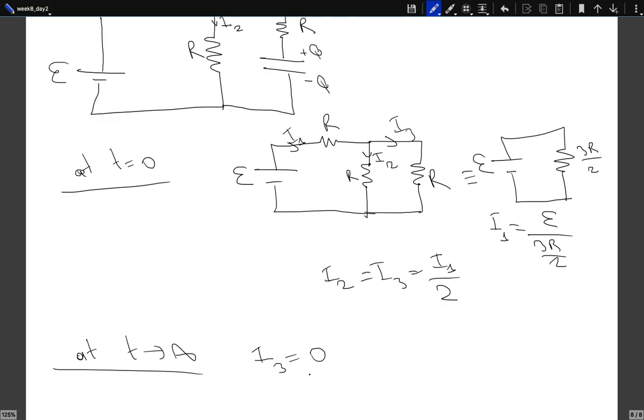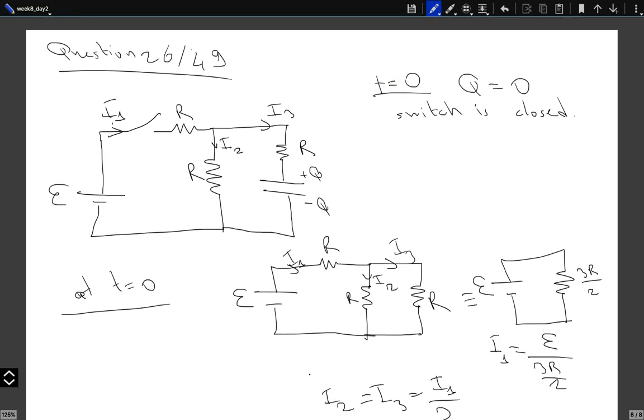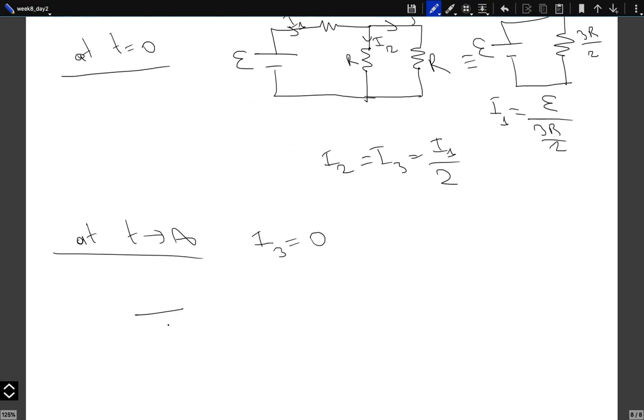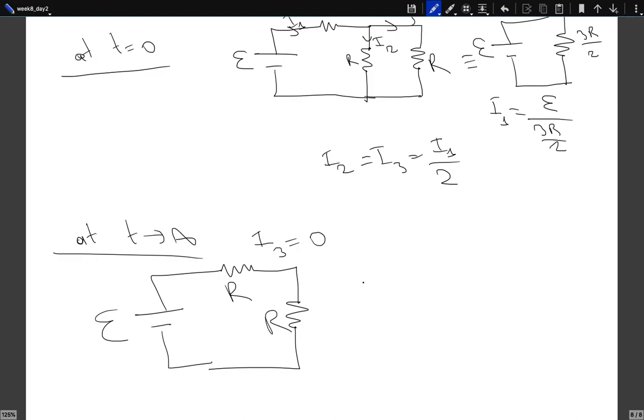Well, since I3 is 0, there is no current running through this wire, so it practically doesn't exist for the purpose of this circuit. So our simpler circuit is this one now. R and R. What is the current?